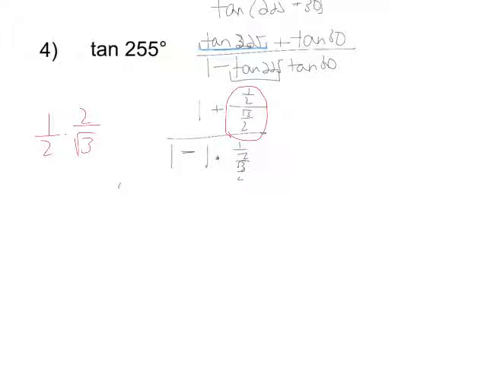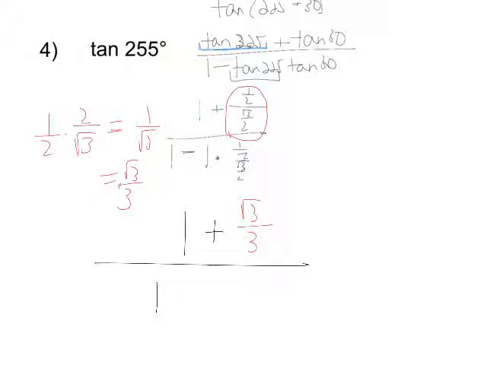Guys, I don't think I rationalized in the notes. This is going to be 1 over radical 3, right? Which when we rationalize it is radical 3 over 3. So my numerator is going to be 1 plus radical 3 over 3, and my denominator is going to be 1 minus radical 3 over 3, because I am dividing by a fraction, I multiplied by the reciprocal, and then I had to rationalize that denominator.